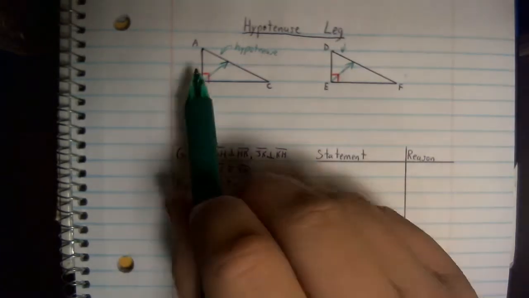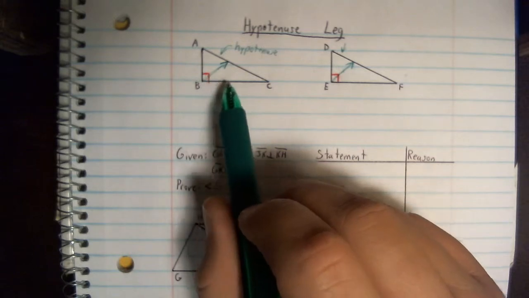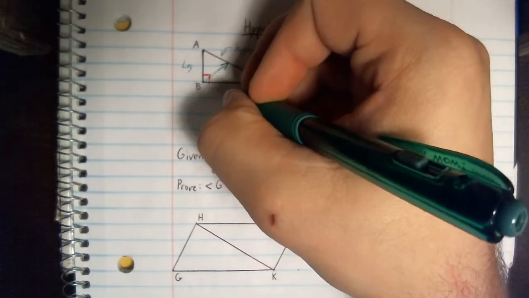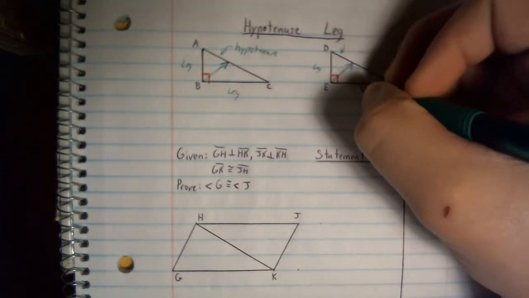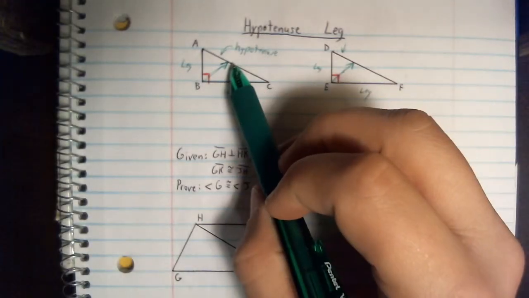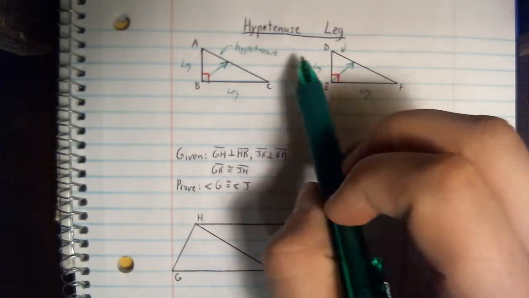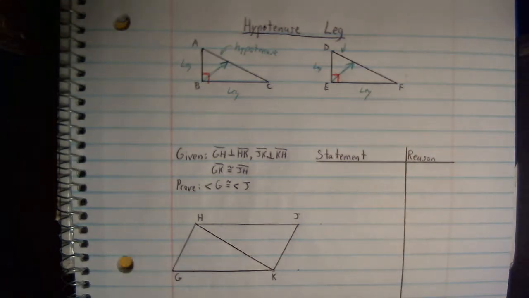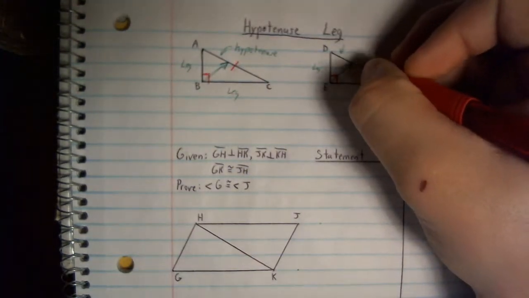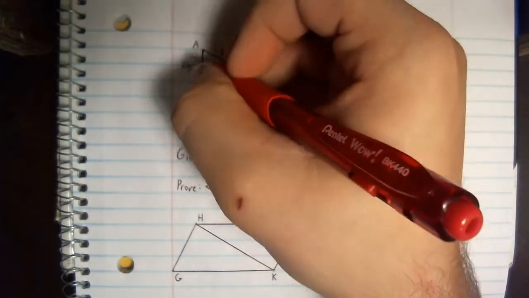Now the rest of the sides, they're just considered to be legs. Okay, so we have a leg here and a leg here, as well as on this triangle. So when we're talking about hypotenuse leg congruency, what we're looking for specifically is to have this hypotenuse congruent to this hypotenuse, and any one of the legs as long as they're corresponding.